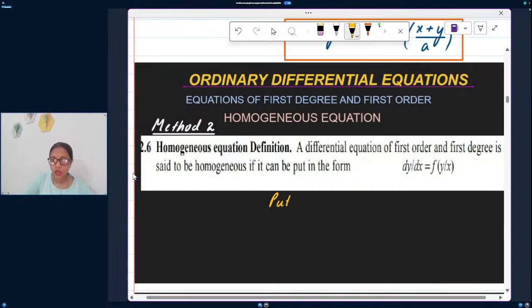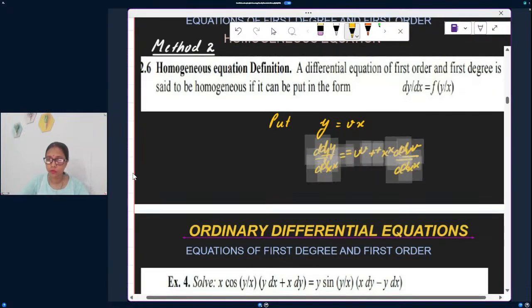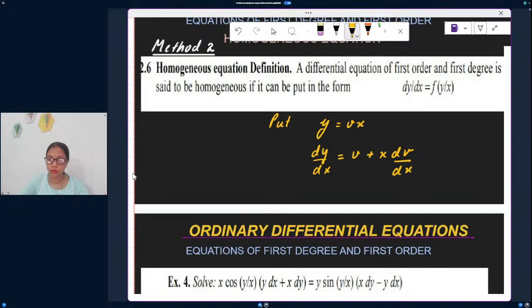We put y by x, or you can write, we put y is equal to vx, and differentiate both sides. So this is the method.